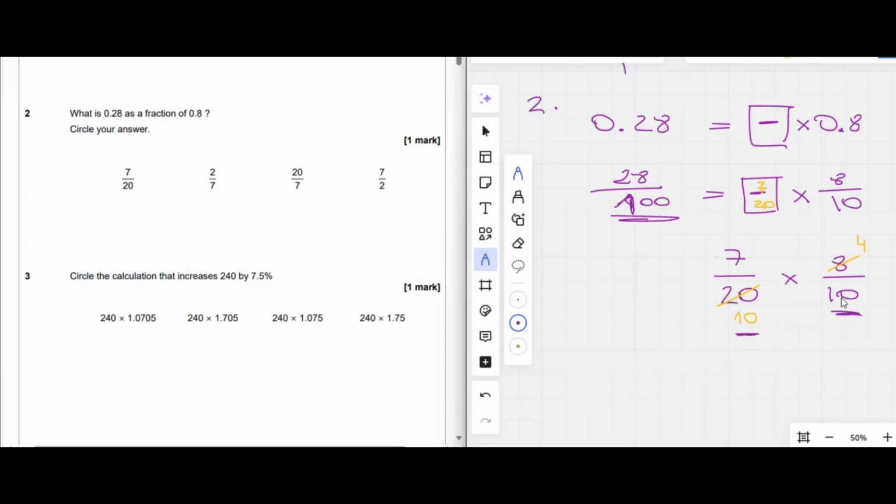From that multiplication by 10, we would need another 10 to make it 100. So what would be at the top? 7 times 4 is 28 over 100, and this is exactly what we want. So the first fraction is correct.